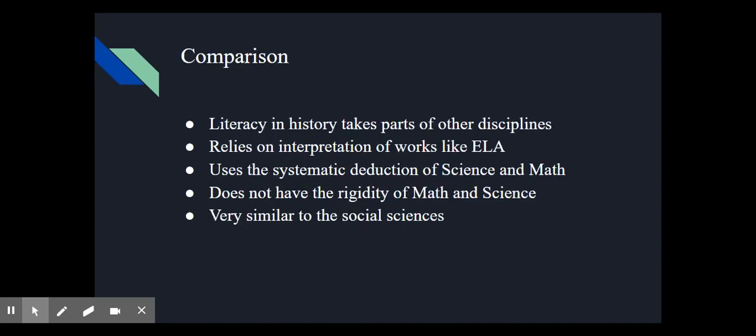Looking at the way that history literacy compares to the other core subjects, it takes a lot of different parts from the other core subjects and includes it in its own literacy. History relies on the interpretation of works, just like English language arts does. In history, most things you're going to be reading or looking at have been created by a person.